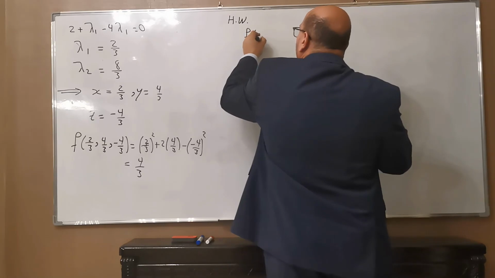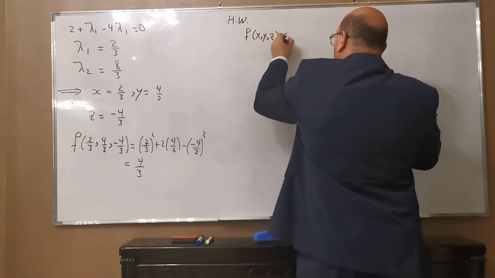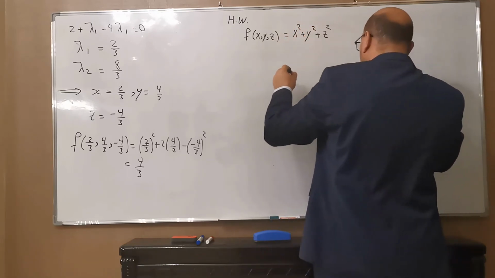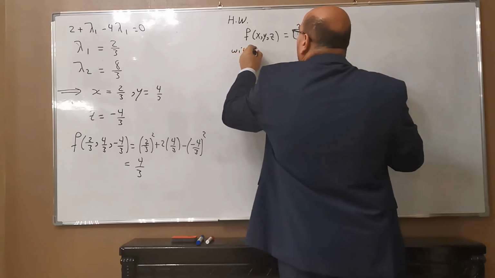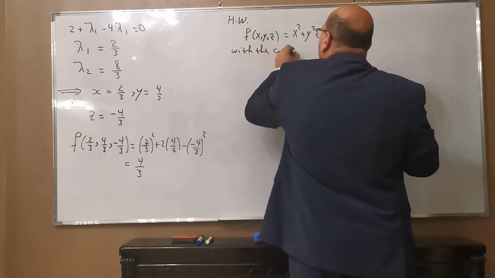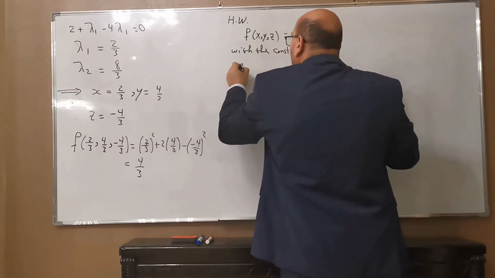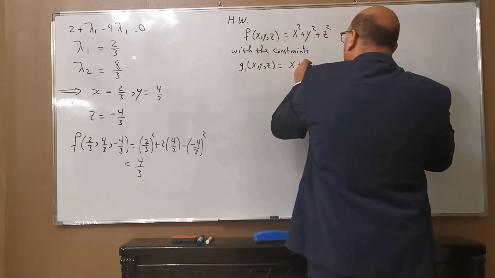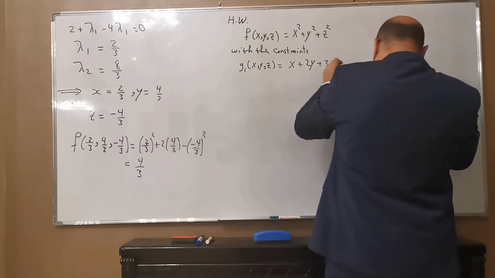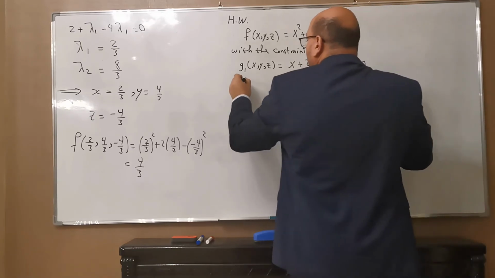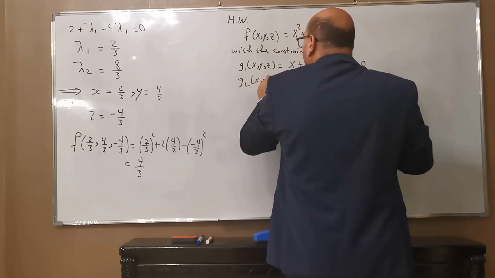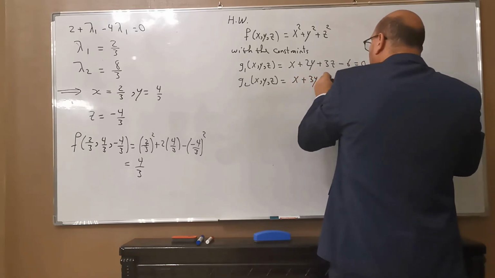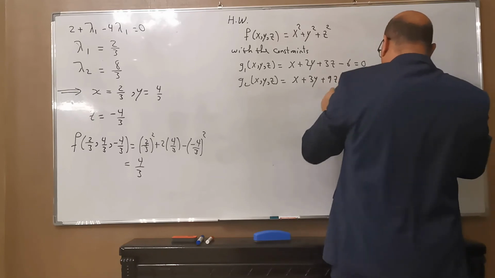F of x, y, and z equals x squared plus y squared plus z squared, with the constraints g1 of x, y, and z equals x plus 2y plus 3z minus 6 equals 0, and g2 of x, y, and z equals x plus 3y plus 9z minus 9 equals 0.